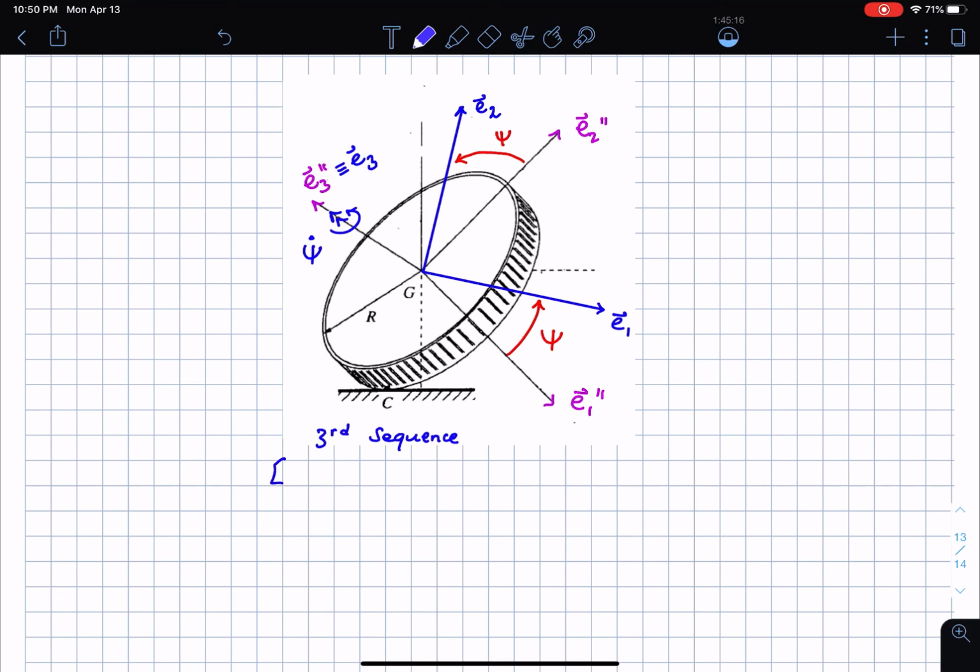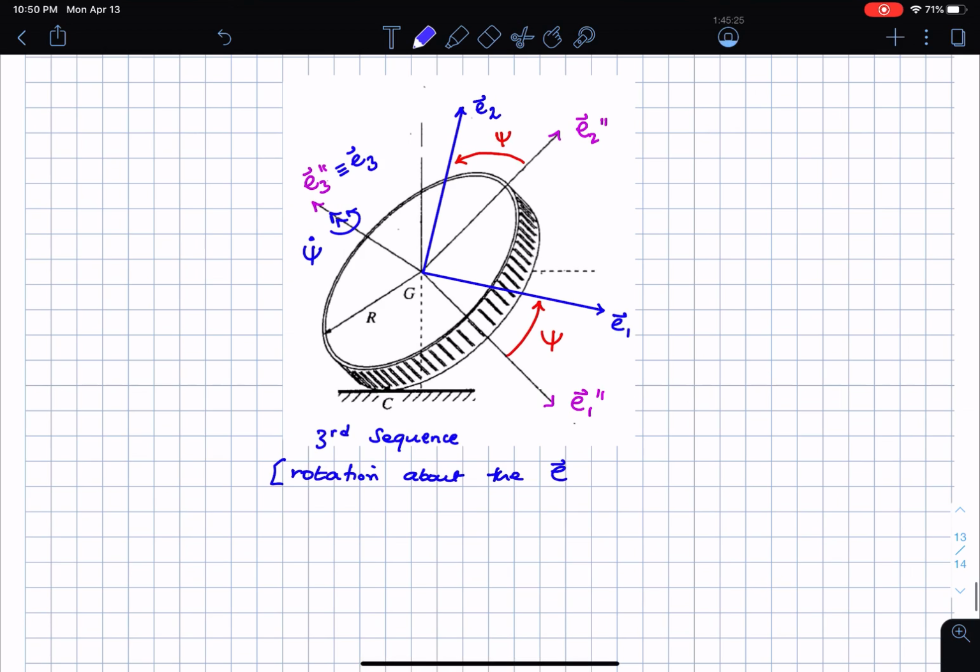Okay, and this is a rotation about the E3 double prime axis, or the new 3 axis.